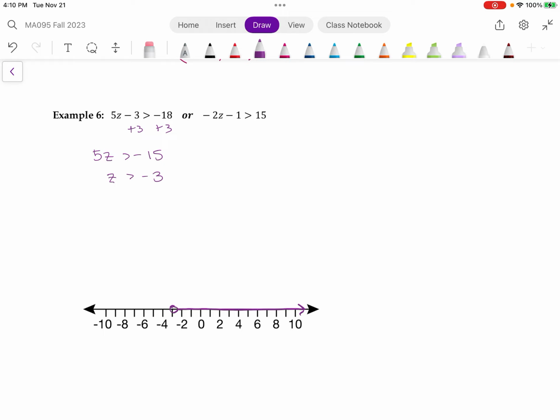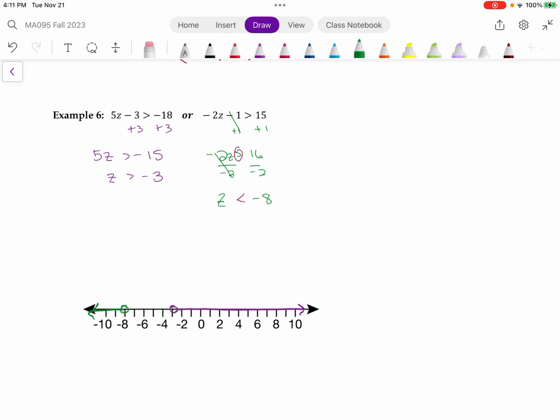And then I have negative 2z is greater than 16. Divide by negative 2, and this is going to flip, right? So it's going to go that way. And I get z is less than negative 8. So negative 8 is over here, and I'm going to go less than.